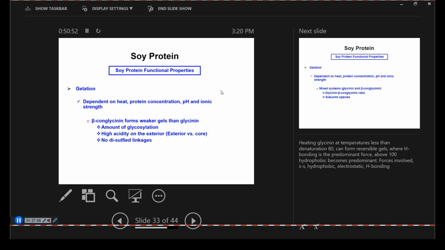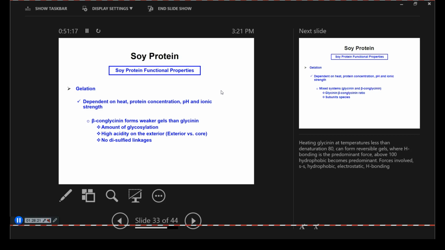If we split them apart, with glycinin fractionated from the beta-conglycinin, and we try to form a gel with beta-conglycinin, it's weaker because it doesn't have disulfide linkages. Also, because it has a high amount of glycosylation, you have more hydrophilicity and not a lot of hydrophobic interactions.